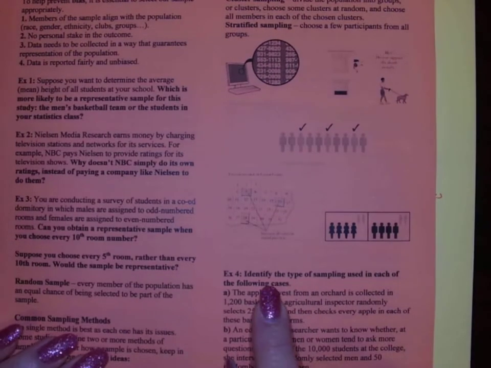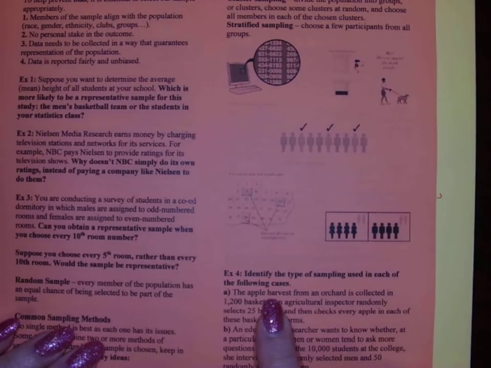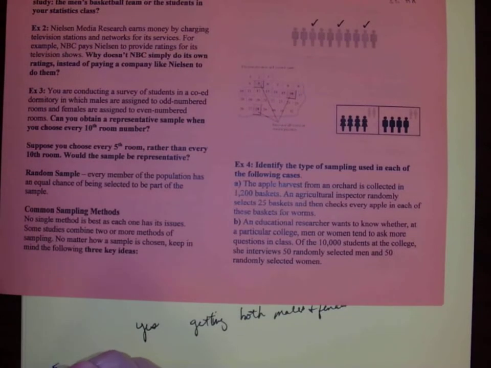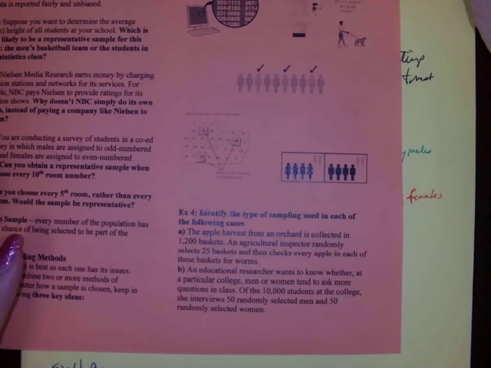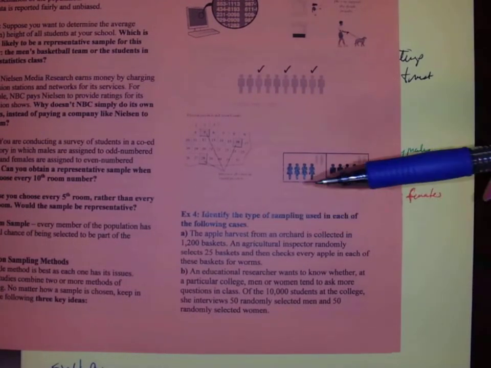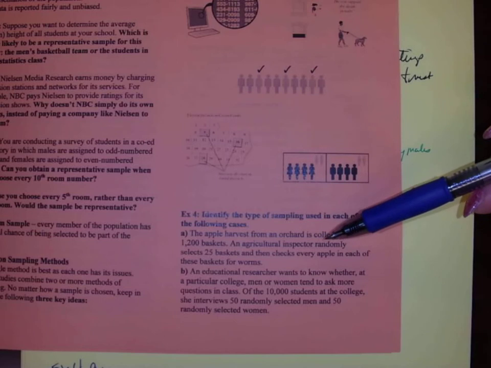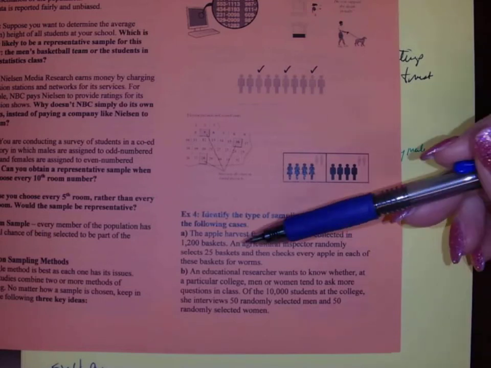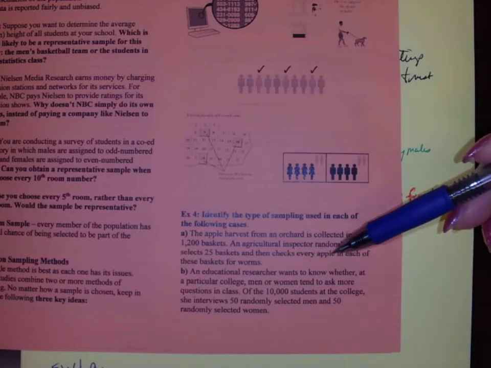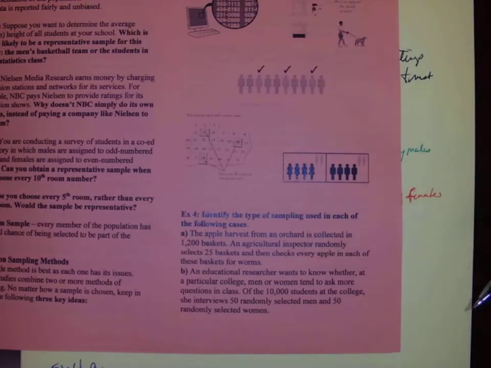So let's go look at some examples. We're identifying the type of sampling used in each of the following cases. So this will be example 4A. The apple harvest from an orchard is collected in 1,200 baskets. An agricultural inspector randomly selects 25 baskets, and then checks every apple in each of the baskets for worms.